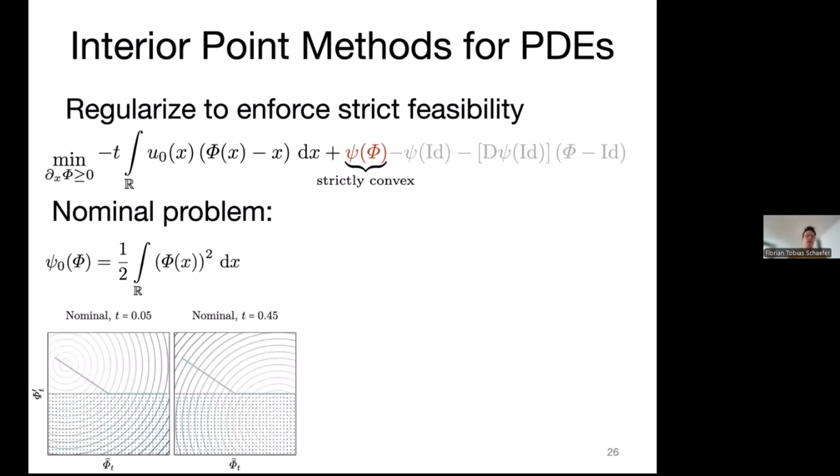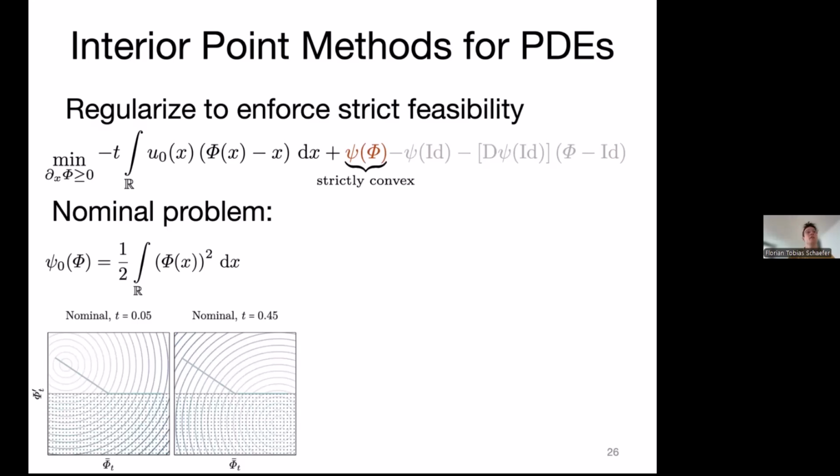Now, in the nominal problem, we are using the Bregman divergence given by the squared Euclidean norm, the squared L2 norm. Of course, the problem is that this barrier function is not strong enough to prevent us from reaching the boundary of our constraint set. It regularizes the problem a bit, but it is not strong enough to prevent us from reaching the point where the deformation map becomes singular.